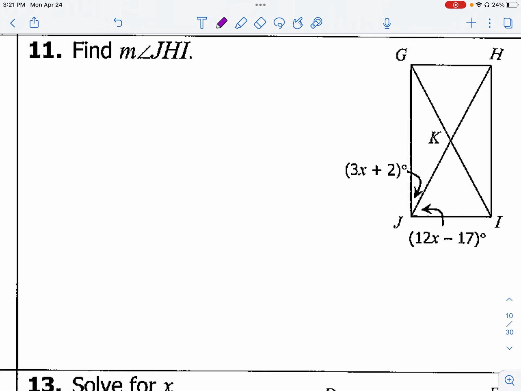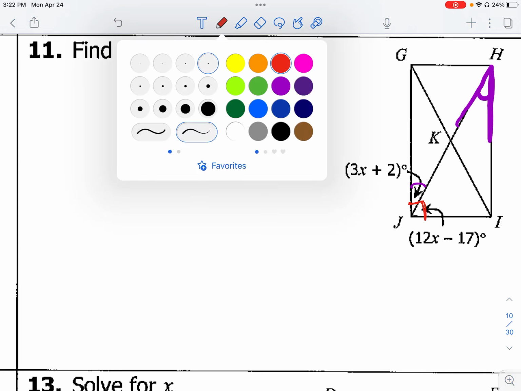Number 11, we want to find the measure of JHI, which is going to be this. And by alternate interior angles, we know that this and this are going to be the same. We also know that this angle here is a right angle.